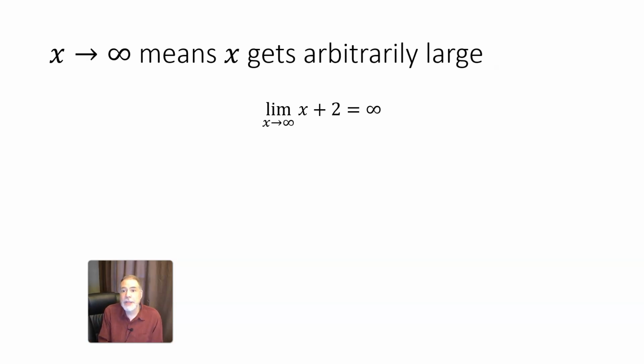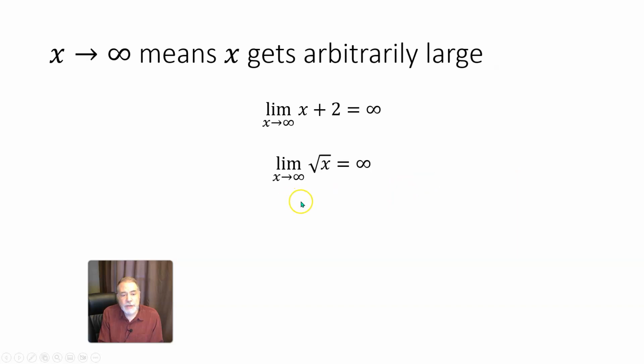There's no limit to how big that can get as long as the number you put in for x itself is big enough. And remember, to say that the limit of something equals infinity is saying that that limit does not exist, because we can get values of that function that are bigger than any particular number. Bigger than 1,000,000, bigger than 1,000,000,000, bigger than a quadrillion.